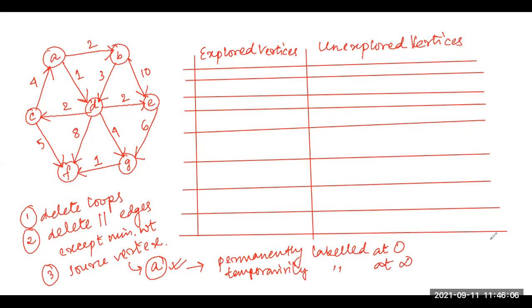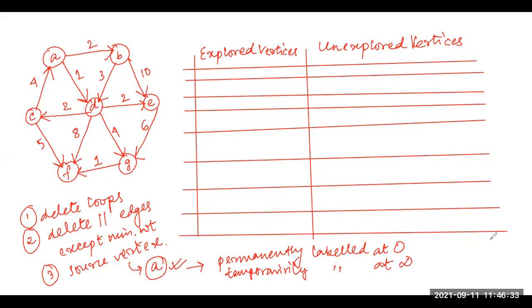So these are basically the 4 rules which we need. We will delete all the loops if there are any. We will delete all the parallel edges in my graph except the one with the minimum weight. I will mark one vertex as my starting vertex. Anyone I can choose. If not written which one to choose, I will mark that vertex as my source vertex, and I will permanently label that vertex as 0. And all the other vertices I will temporarily label at infinity in the first step.